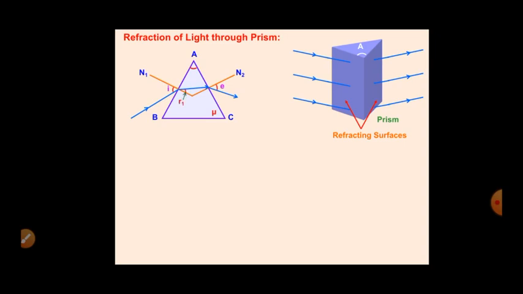Along with this, we have two angles of refraction, R1 and R2. If we extend the direction of the incident ray and the direction of the emergent ray, an angle is formed, and that angle is delta, known as the angle of deviation.